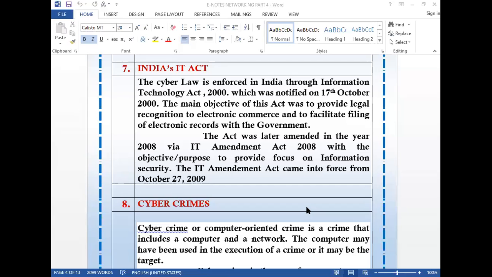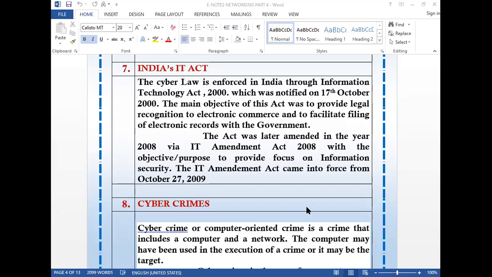So that is a point of security. That is to provide security to the customer. So additional focus was paid on information security by the IT Amendment Act. And the IT Amendment Act came into existence on October 27, 2009.